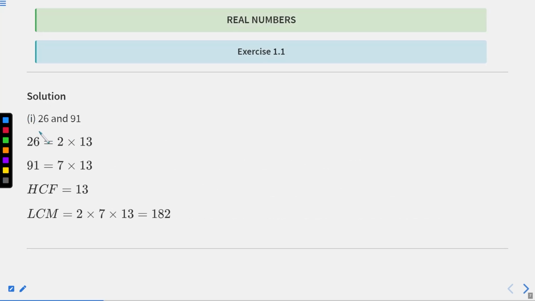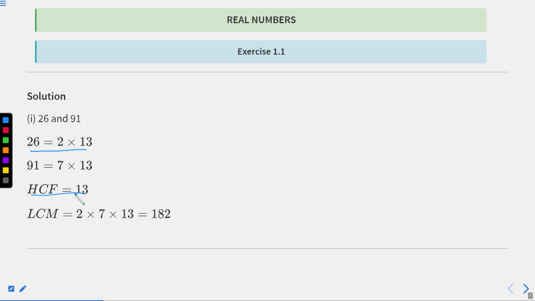The prime factorization of 26 is 2 into 13, and the prime factorization of 91 is 7 into 13. The common prime factor is 13, with lowest power 13 to the power 1. So HCF of 26 and 91 is equal to 13.